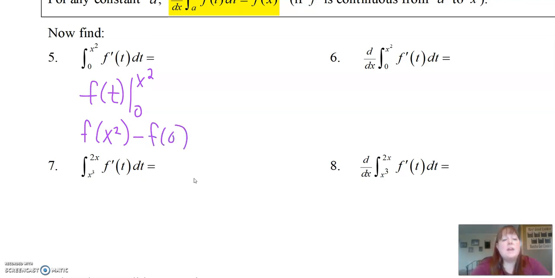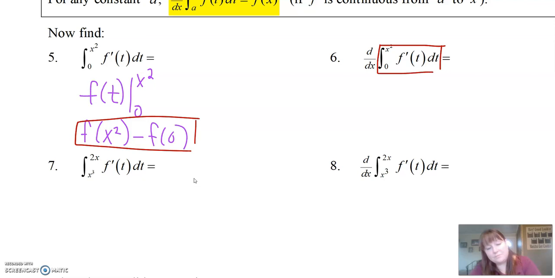Okay, so we know what this is, and we see that exact expression right over here. So we want to take the derivative of f of x squared minus f of 0.